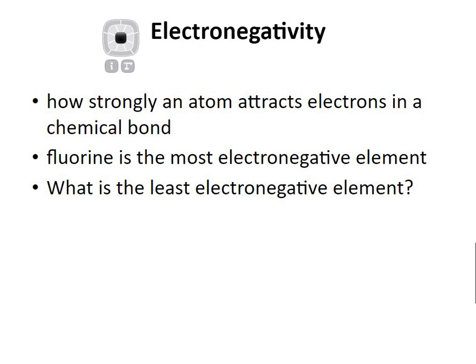And here in a moment, I'm going to put the periodic table up, and I want you guys to think through what you think the least electronegative atom would be. Okay. So how strongly an atom attracts electrons in a chemical bond?